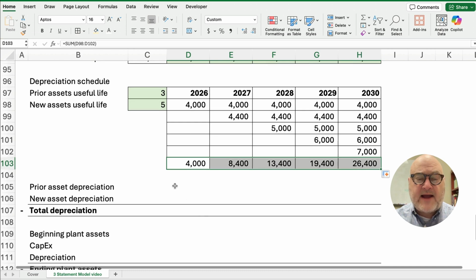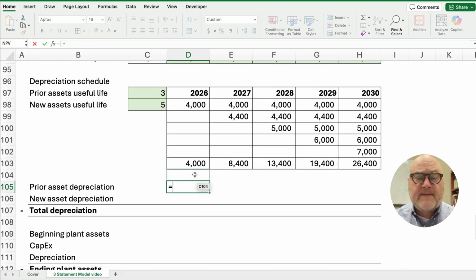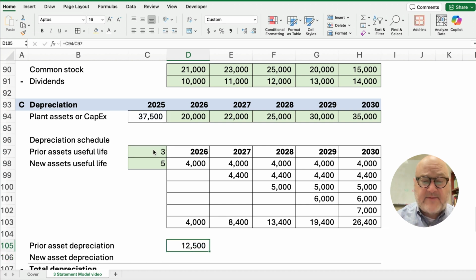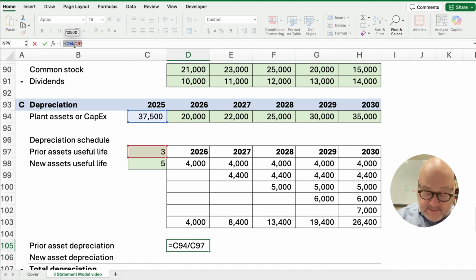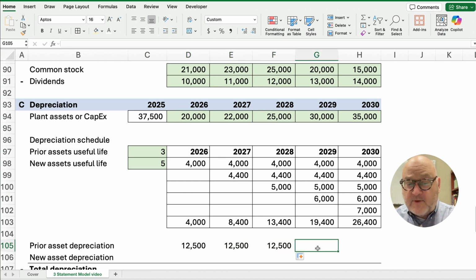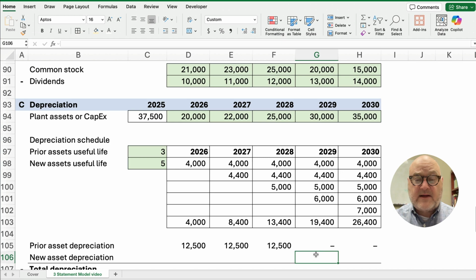Now, our prior assets, we have 37,000, and we're going to divide by 3. We can make that absolute if we wanted to, so we can go back and highlight everything, make it absolute, and it's just going to be for the next 2 years. So 3 years total, and then this year will be 0, and that year will be 0 based on our calculation.